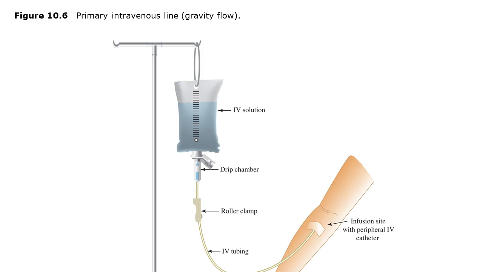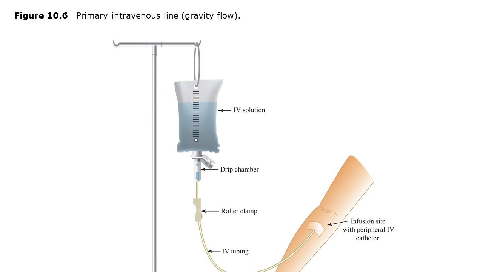And the flow rate can also depend on the relative height of the IV bag and the infusion site. So that's why we use IV pumps and controllers to regulate that flow rate much more precisely. Because if you hang this bag higher without having it on a pump, it's going to infuse faster into the patient.